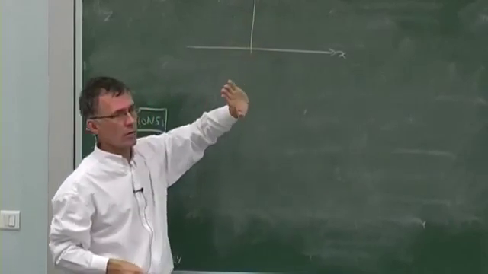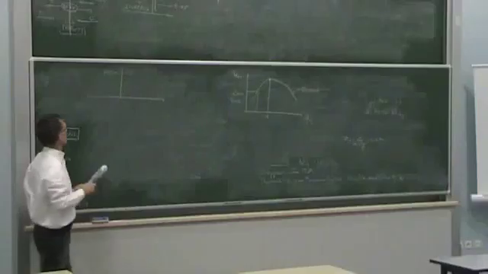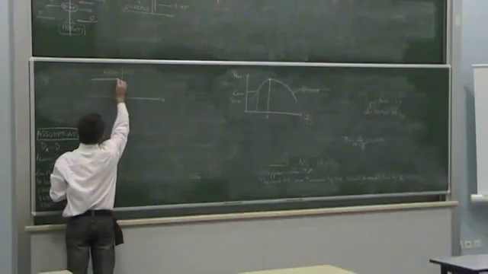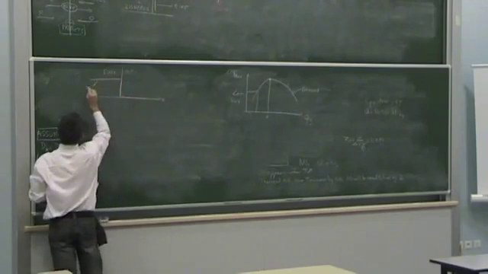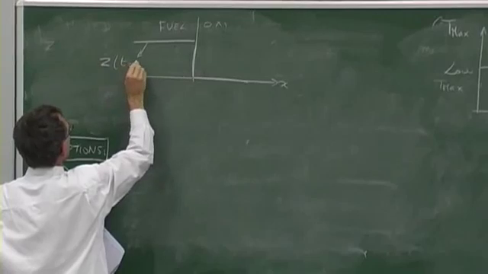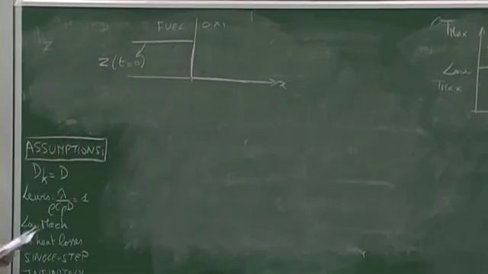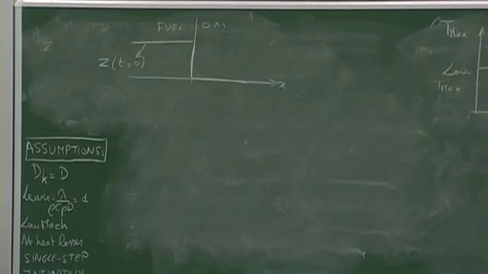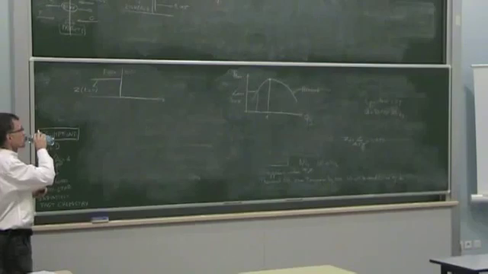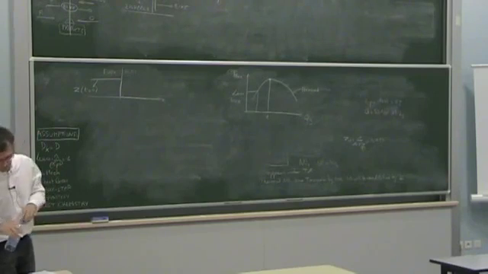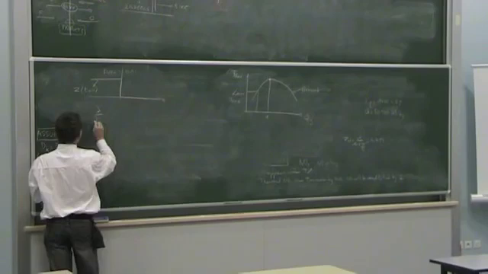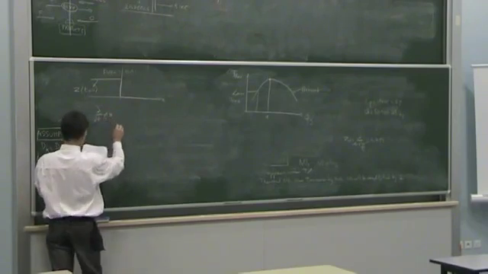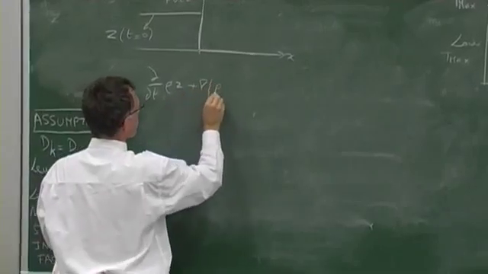So at t equals 0, I just start with a step function. That means Z, this is Z at the initial time. And as I've said, unfortunately, we're going to have to solve this problem as a time-dependent problem. Now, those of you who know the equation we're going to solve, which is this one, know that there are solutions for that.